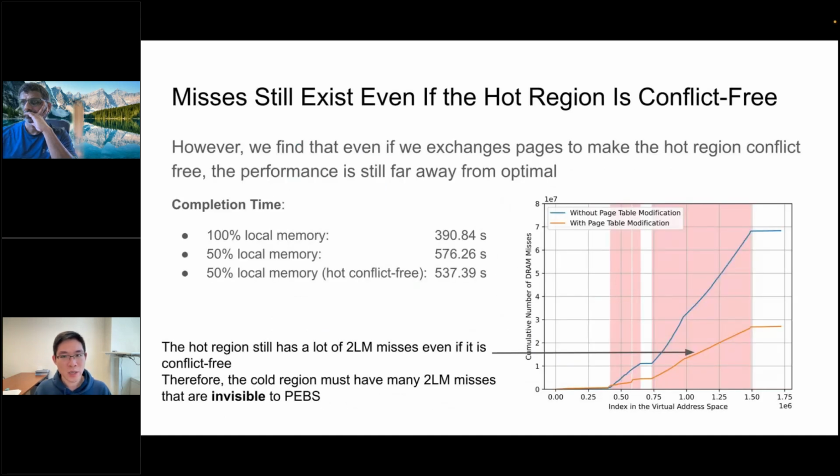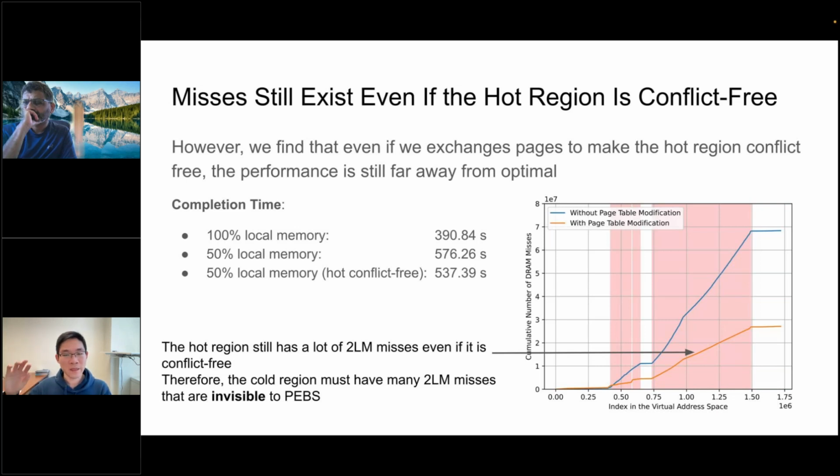In this experiment, because we already know the hot region, at the beginning when we started running the workload, we modify the page table. We do page exchange to make sure that the pages in the hot region won't conflict in DRAM.